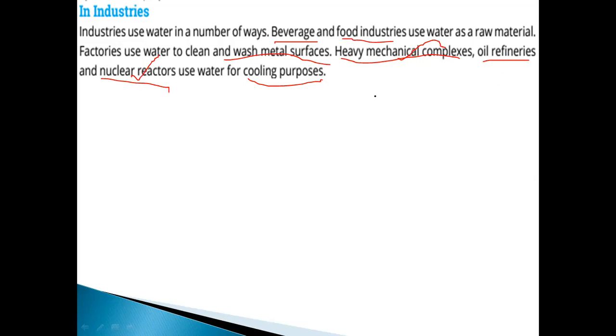Because these chemicals have great energy, and energy produces heat, due to heat the nuclear reactors and industries can burn out and explode. So for minimizing this chance, they have to use water for cooling purposes.